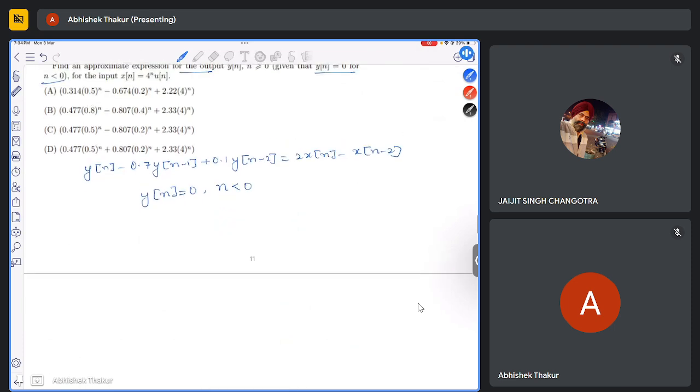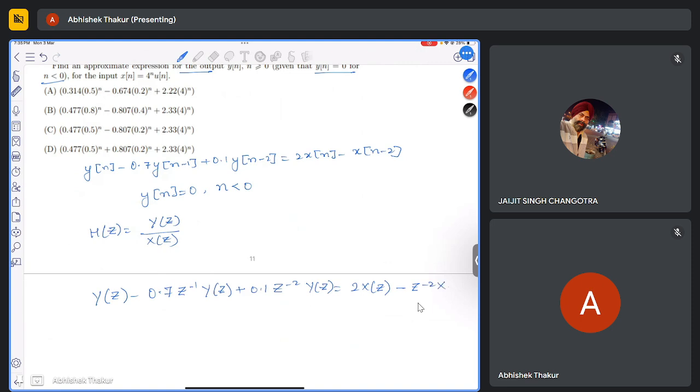So for this question, H of z we know is equal to Y of z divided by X of z. So here we can write Y of z minus 0.7 z inverse Y of z plus 0.1 z to the power of minus 2 Y of z is equal to 2 X of z minus z to the power of minus 2 X of z.